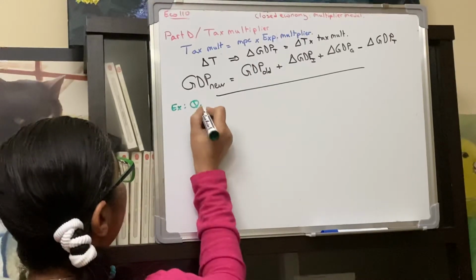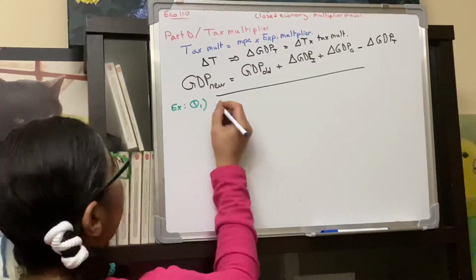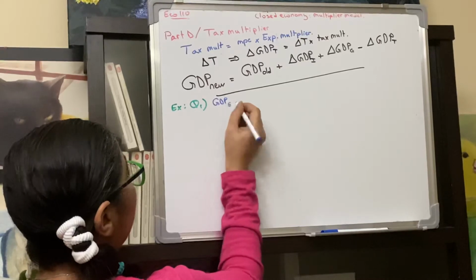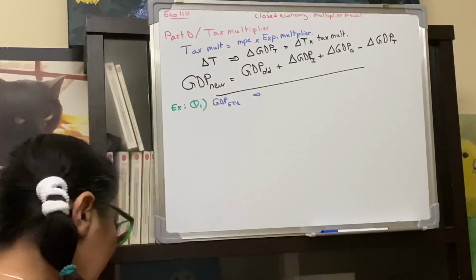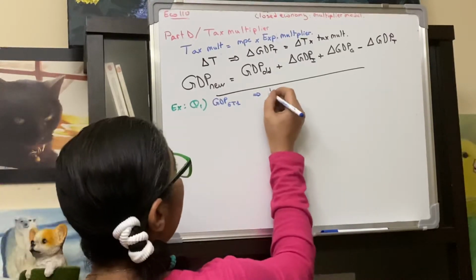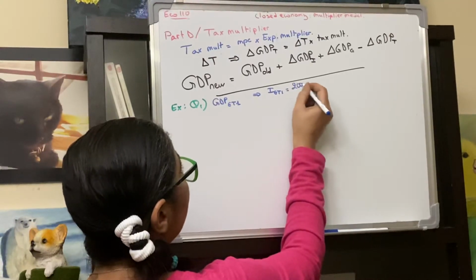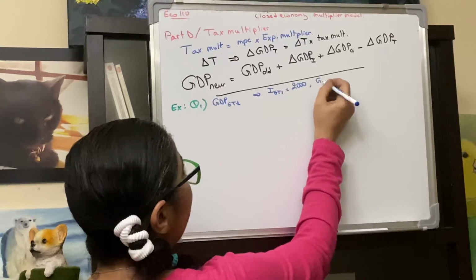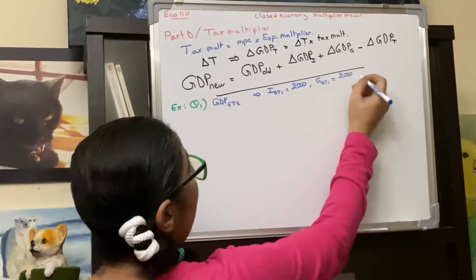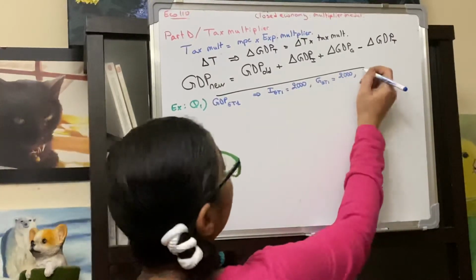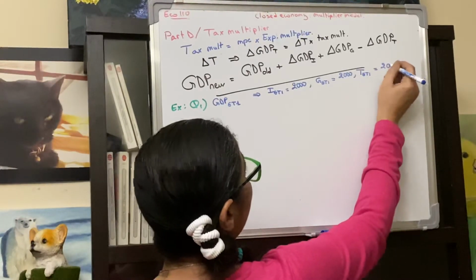Question 1, determine GDP at equilibrium for tax 1, where I at ET1 is equal to 2000, G at ET1 is equal to 2000, and tax at ET1 is equal to 2000.